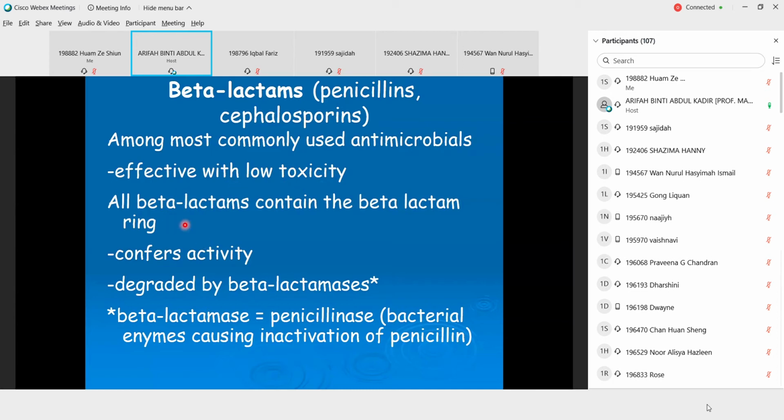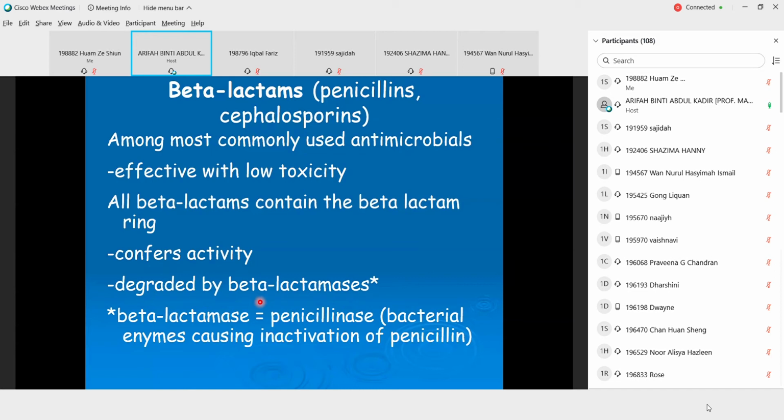All beta-lactams contain the beta-lactam ring. That is the reason why they are referred to as beta-lactams. The beta-lactam ring in the molecular structure confers the antibacterial activity. This ring can be degraded by the beta-lactamases.